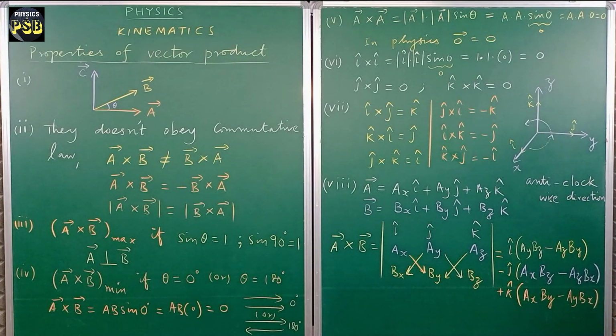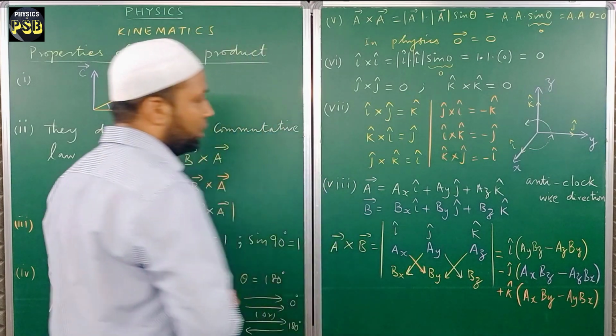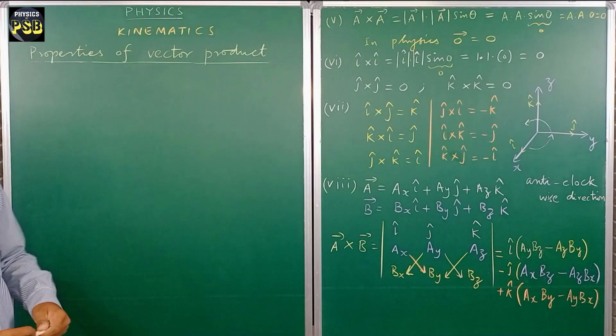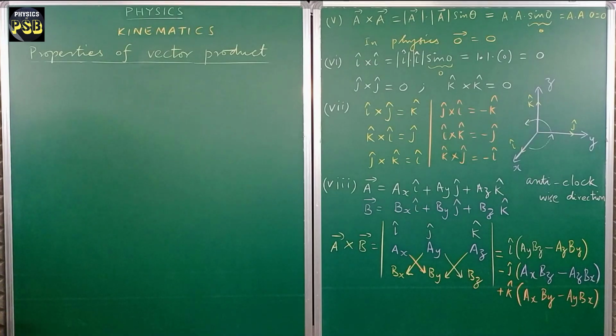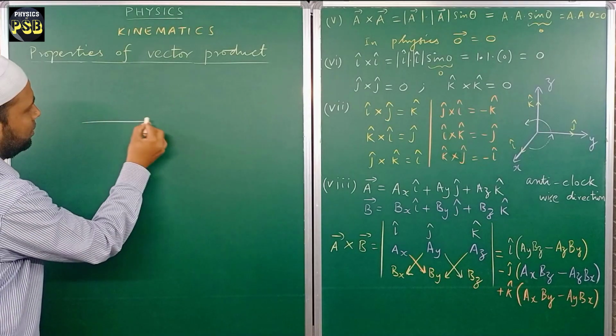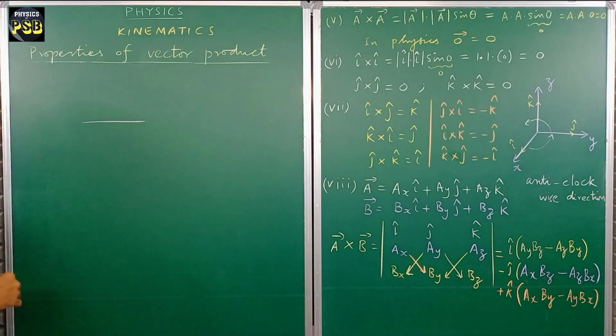Now I will show you a few more properties of vector product. If two vectors are represented by adjacent sides of a parallelogram. What is this parallelogram? A parallelogram is nothing but a diagram whose opposite sides are parallel to each other.